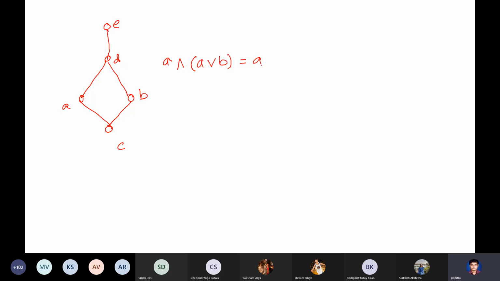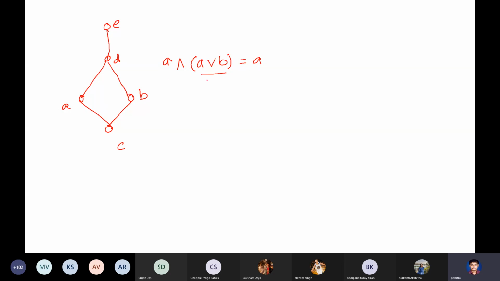Say we take A and B. What is the greatest lower bound of A and B?